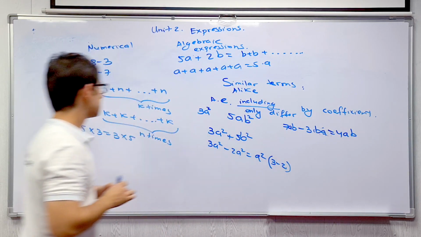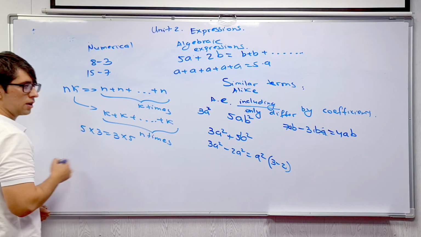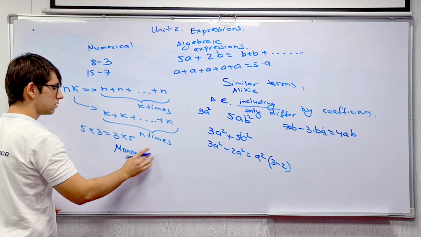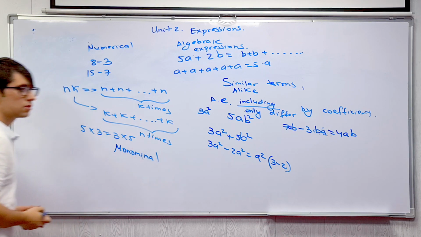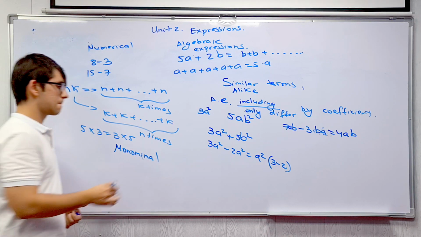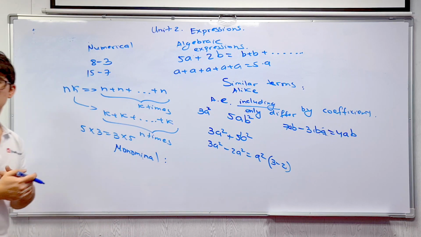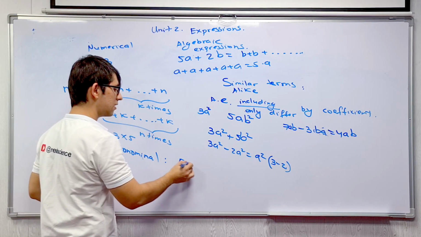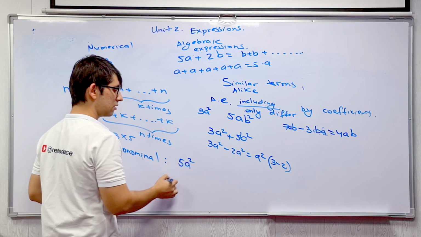Okay? So, we have just started with something like a monomial. What does it mean? Monomial? Only one expression. Okay, algebraic expression 5a square over c.